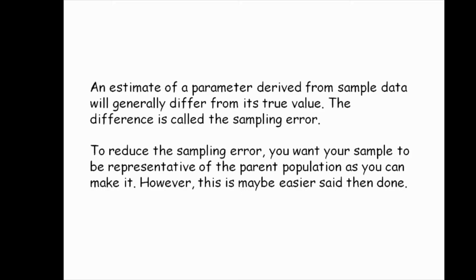So what I might do to my sample mean is increase it by a few years, in anticipation of there being adults there to supervise. So to reduce the sampling error, you want your sample to be as representative of the parent population as you can make it. However, this is easier said than done.